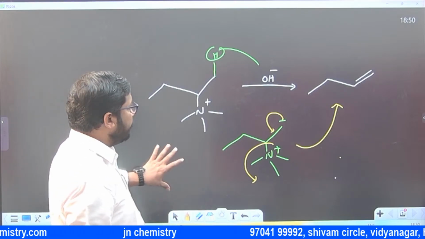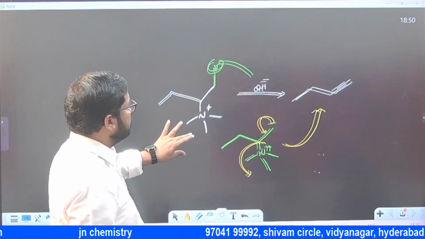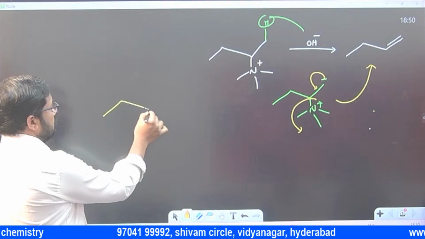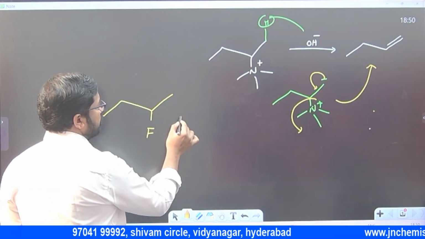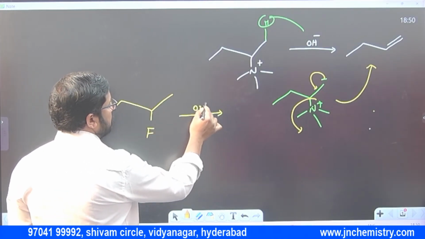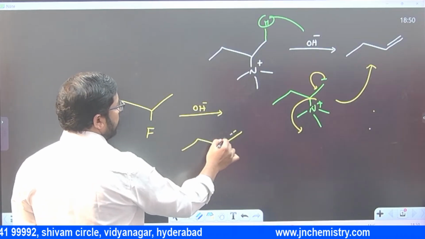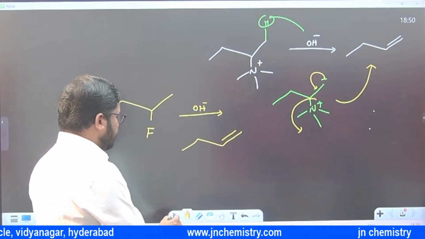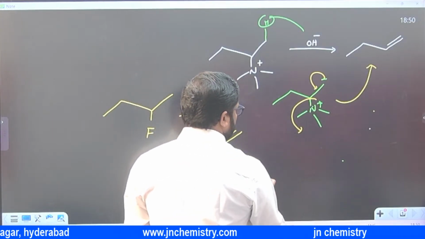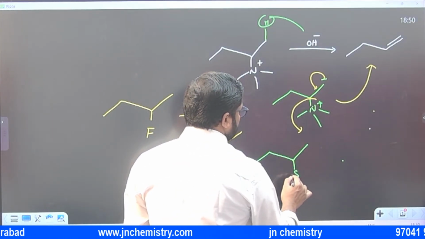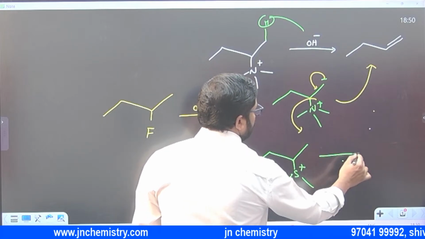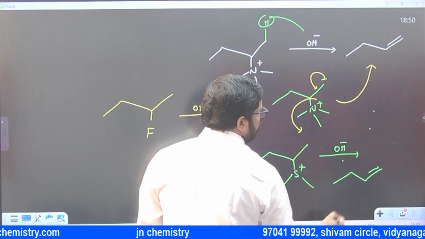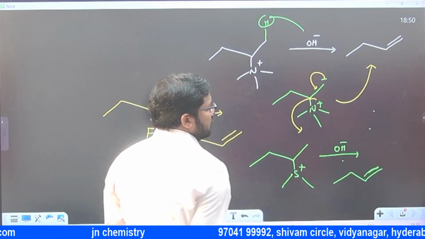Like that yesterday I gave you a couple of questions, right? In this case, for example, if you are using fluorine also, with any base, the same product we will get. The Hofmann product is the major product. Write it down. Same product.